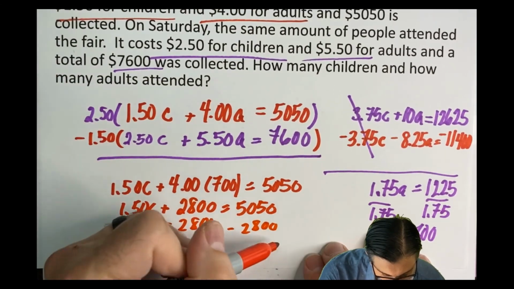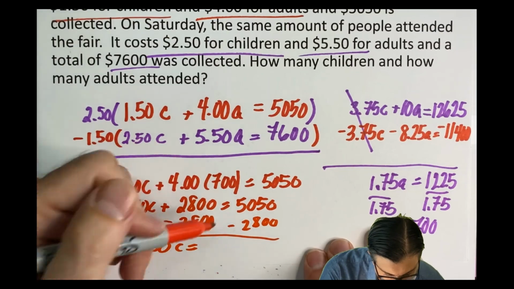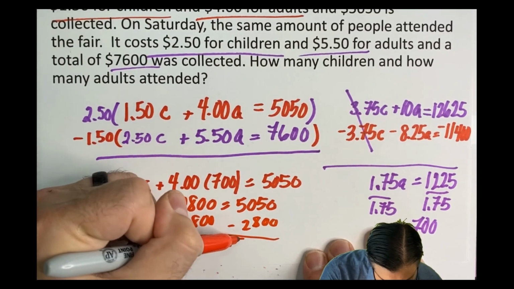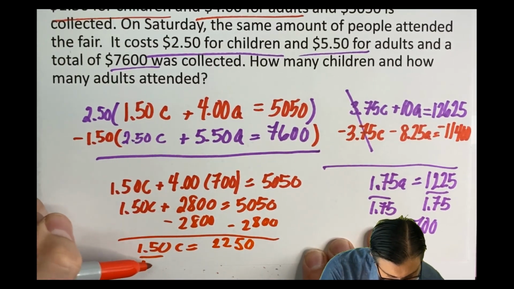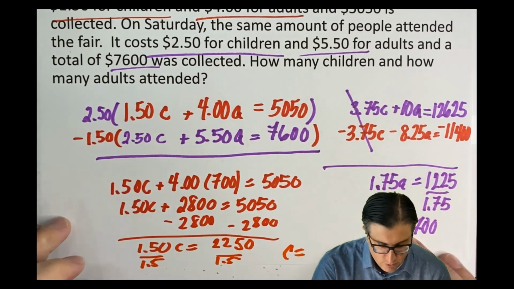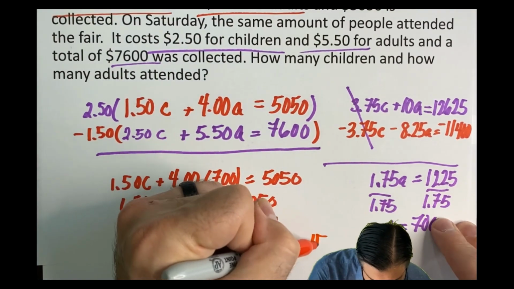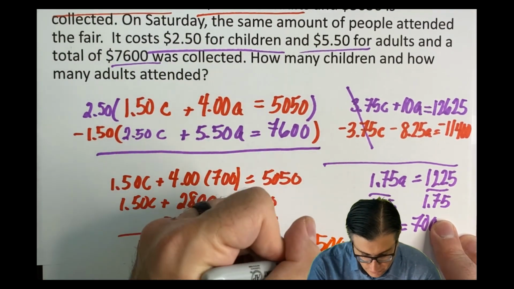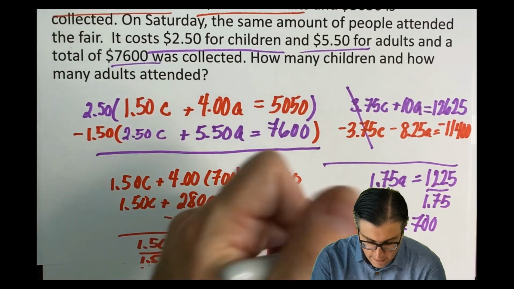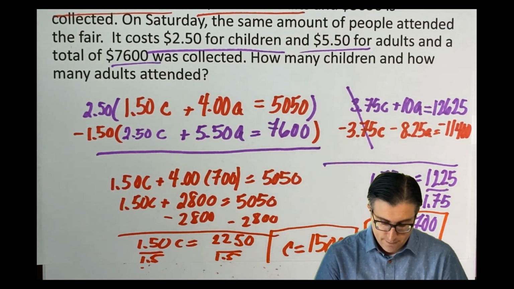We find out that 1.50C equals 2,250. Divide by 1.5. We find out that C equals 2,250 divided by 1.5, which is 1,500. There were 1,500 children at the fair, and there were 700 adults at the fair.